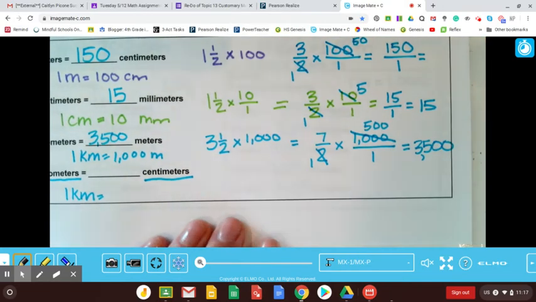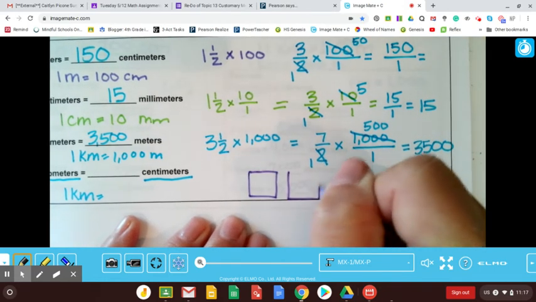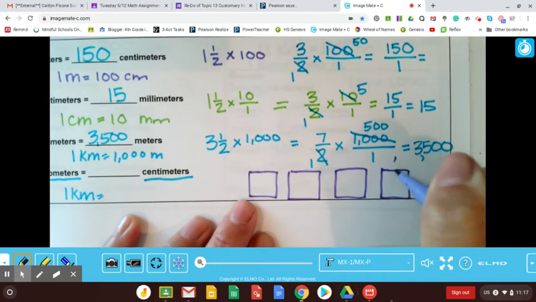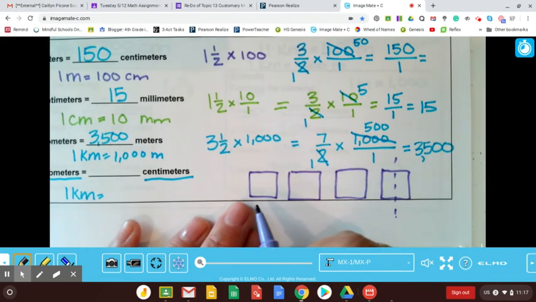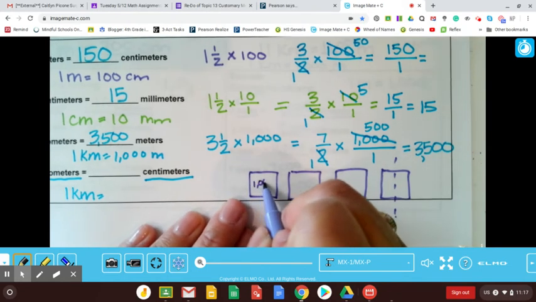All right, so I have 3.5 kilometers. So I'm going to pretend that each of these is 1 kilometer. So that's 3, that's 4, and I would divide that in half. So if each of these squares is a kilometer, I could now convert it to meters, right? I know 1 kilometer is 1,000 meters.